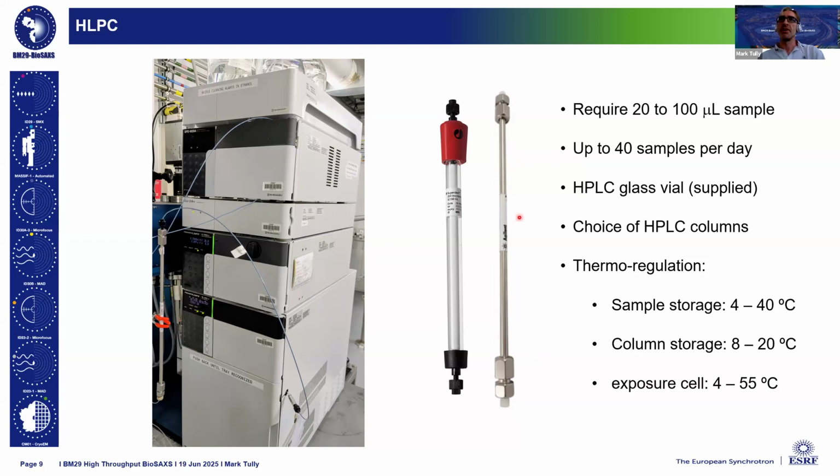We supply the specific HPLC glass vials. Again, we have the same storage and exposure, but we can also put these columns into storage to cool them down to about 8 to 20 degrees. Here's the column in place.